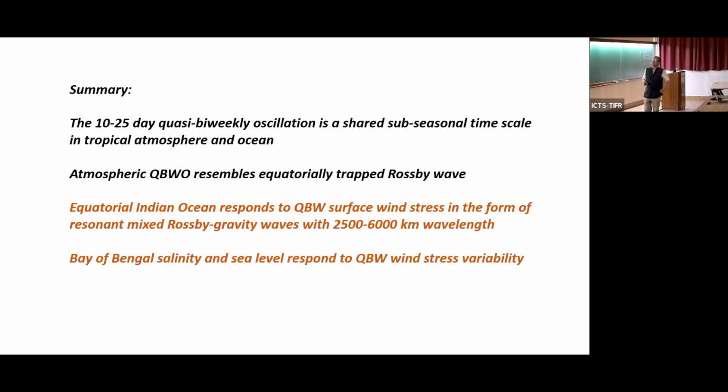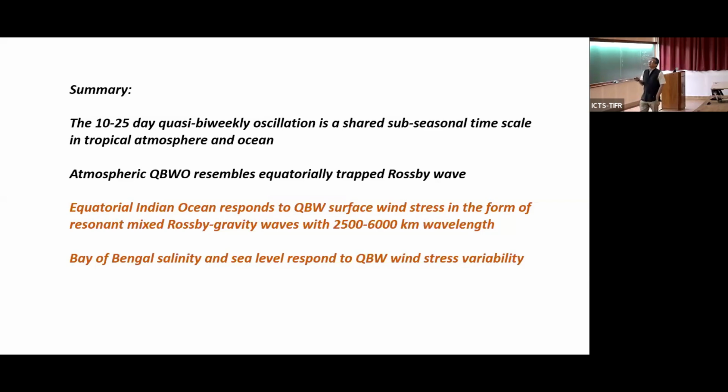This is a summary. This is a shared subseasonal time scale in the tropical atmosphere and ocean. Some years it's seen very distinctly. Some places, like south of Sri Lanka, it's seen very distinctly. In some other places, you might have to wait for a while before you see this clear signal coming and going.